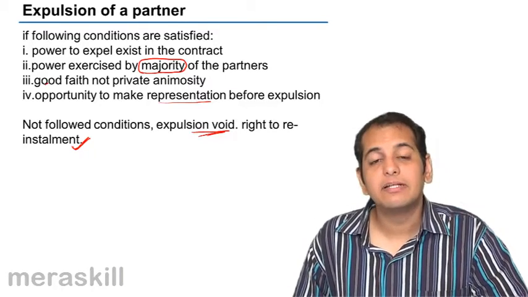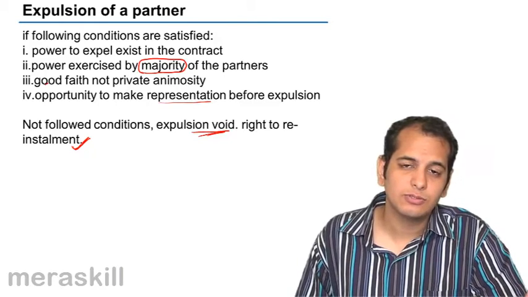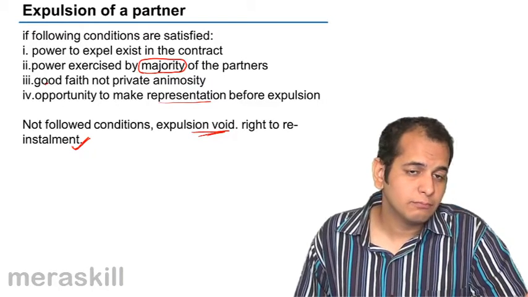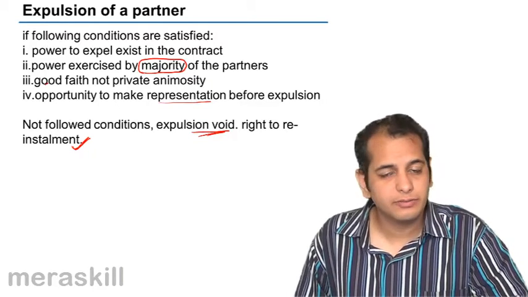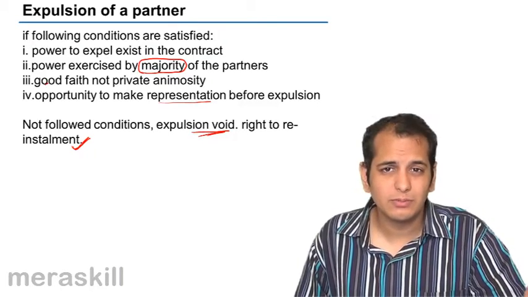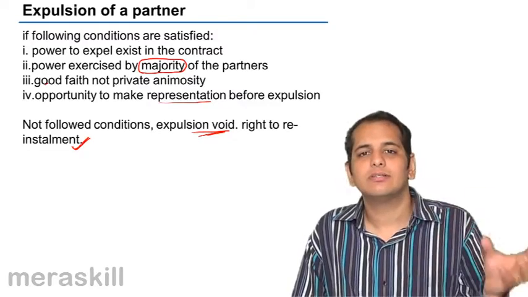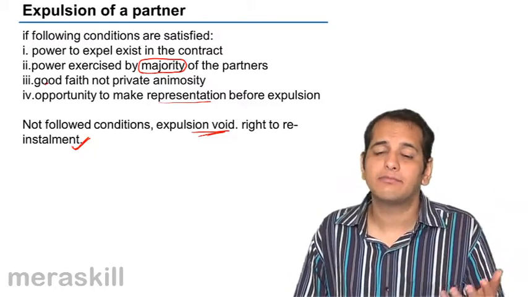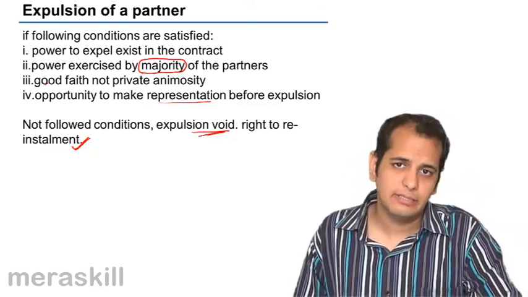He might have given credits to some other persons, some debtors who would have given the money back, but he gave credits to some other person. So these are the frauds that he might have committed, which will lead to his expulsion.